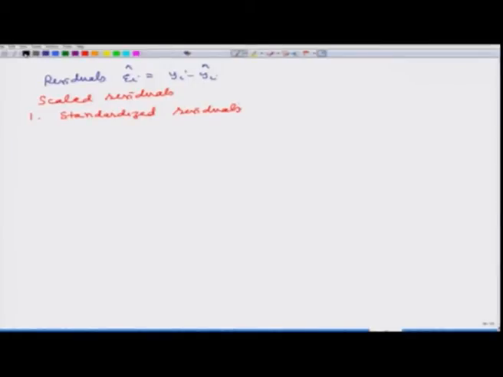The standardized residuals are defined as di equal to epsilon i hat divided by square root of MS res, and this is the same as epsilon i hat divided by square root of SS res divided by n minus k, in the case of the multiple linear regression model y equal to x beta plus epsilon with k explanatory variables.